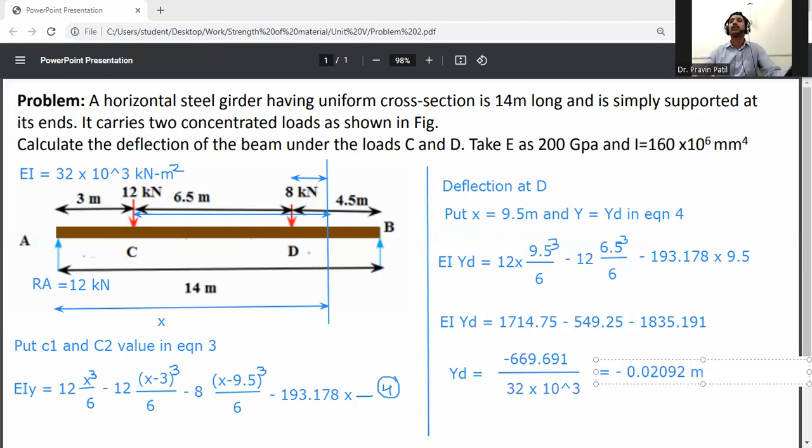Convert it into mm, multiply by 1000, meter to mm, so it will be minus 20.927 mm. Minus indicates the deflection is in the downward direction, that's why we got a negative value. So this is the deflection at C and deflection at D, which we calculated by Macaulay's method.